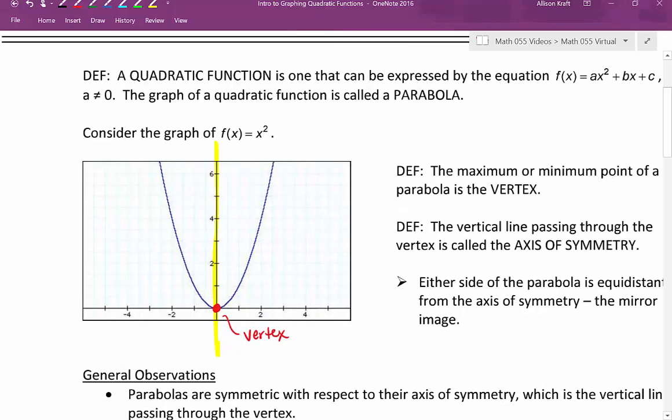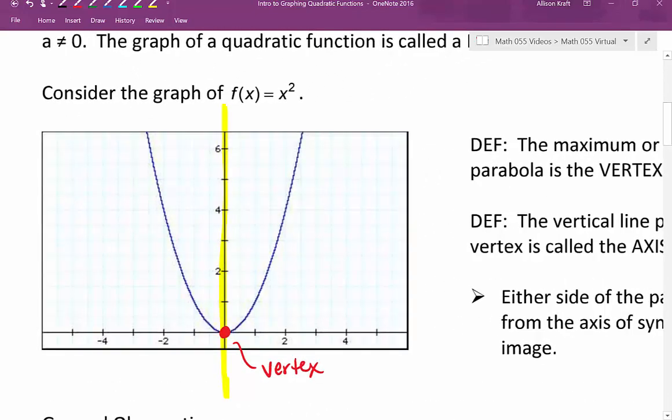Either side of the parabola is equidistant from this axis of symmetry. So, for instance, here at x equals 3, y equals 3, our parabola is equidistant away from the axis of symmetry on either side.